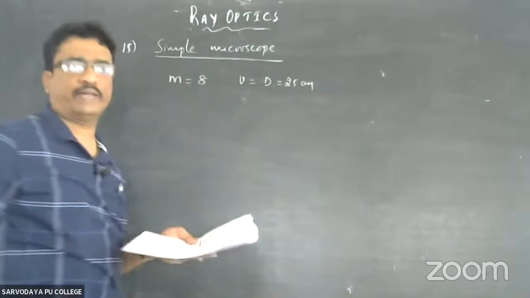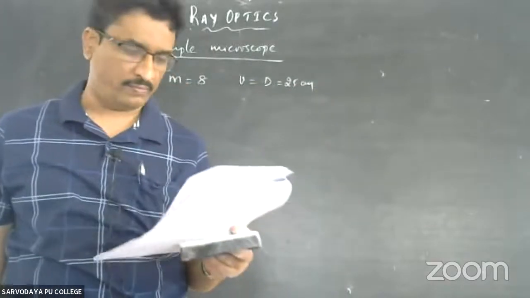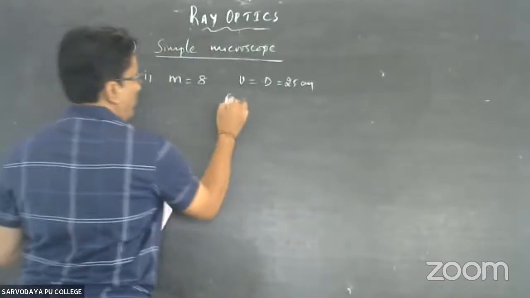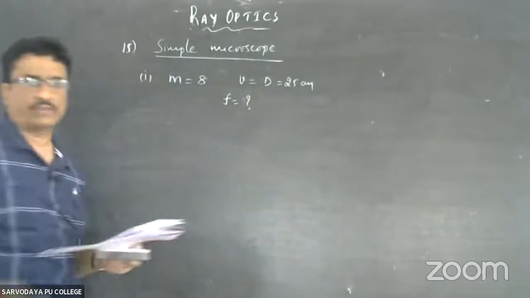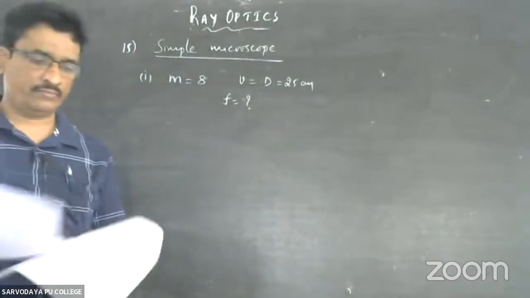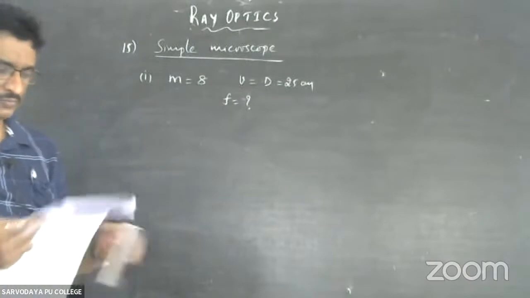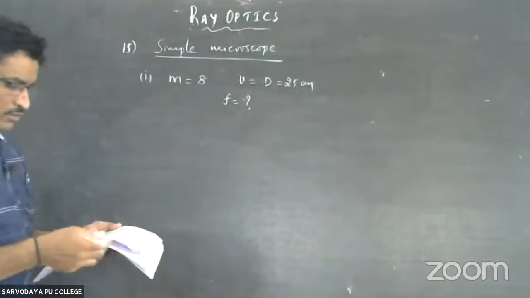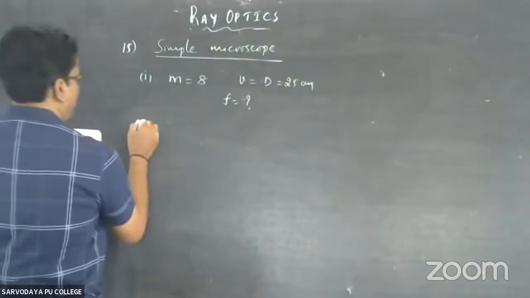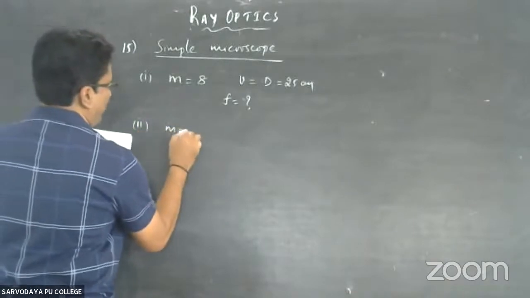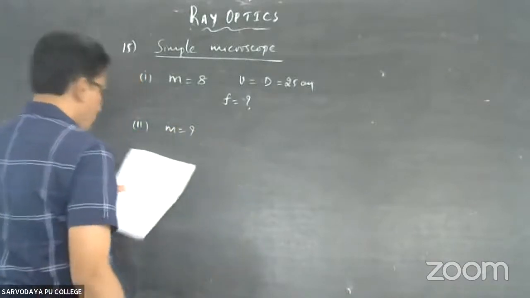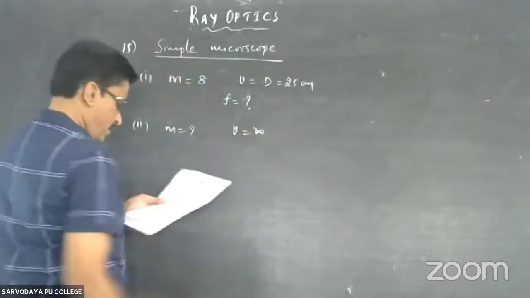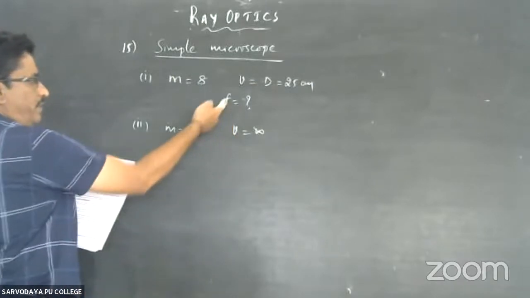This image is being obtained at least distance of distinct vision, and our job is to find out the focal length. This is the first part. But in the second case, also find the magnifying power, that means we have to find out m, if the image is obtained at infinity, that means v is infinity.